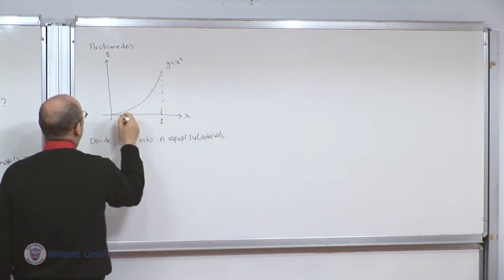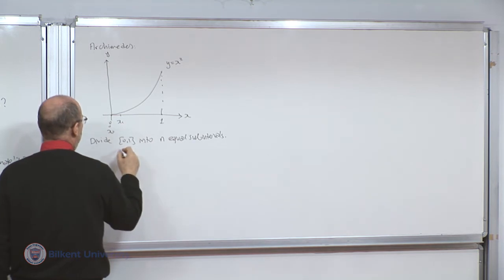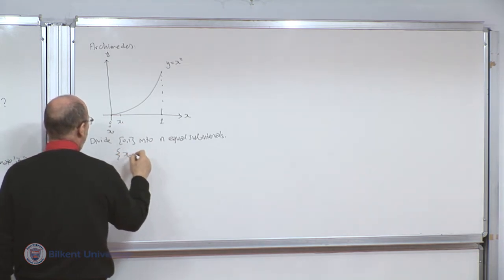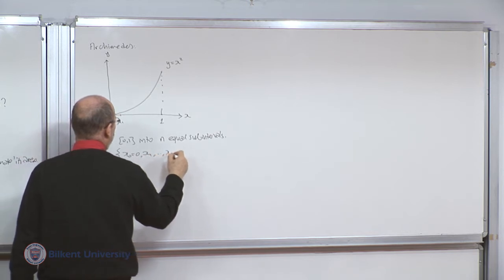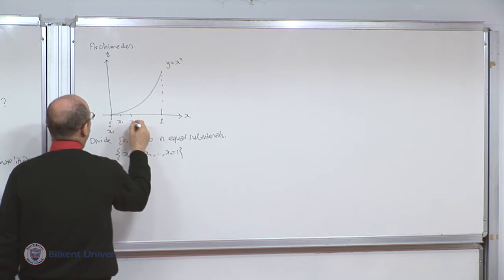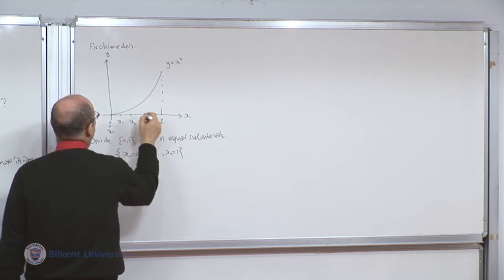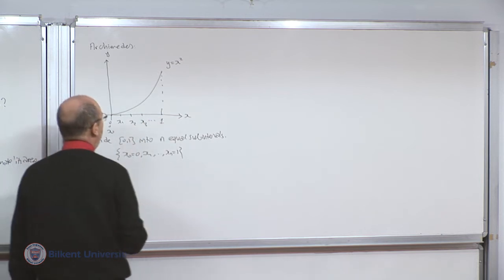Okay, so later on, 0 is x sub 0. This is x1. So these subintervals: x0 equals 0, x1, ..., xn is 1. Okay, so we have these things. Let me do one more, x3, and then we'll have dot, dot.